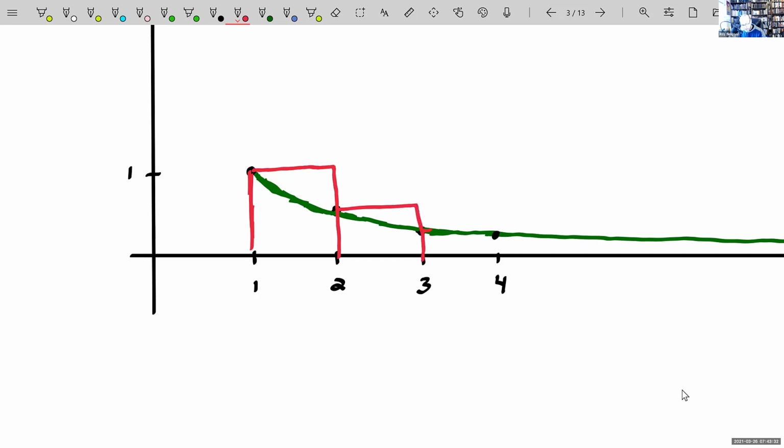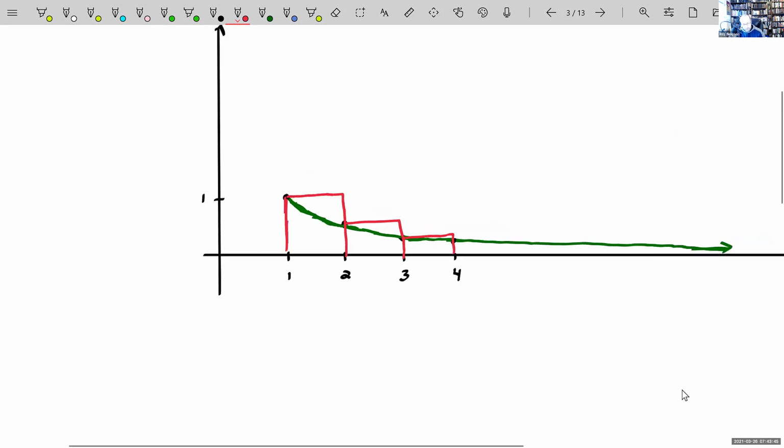I hope you would agree that this is an approximation. If I continue this on forever, this is an approximation for the area underneath the curve 1 over x. Okay, so let me write that down.